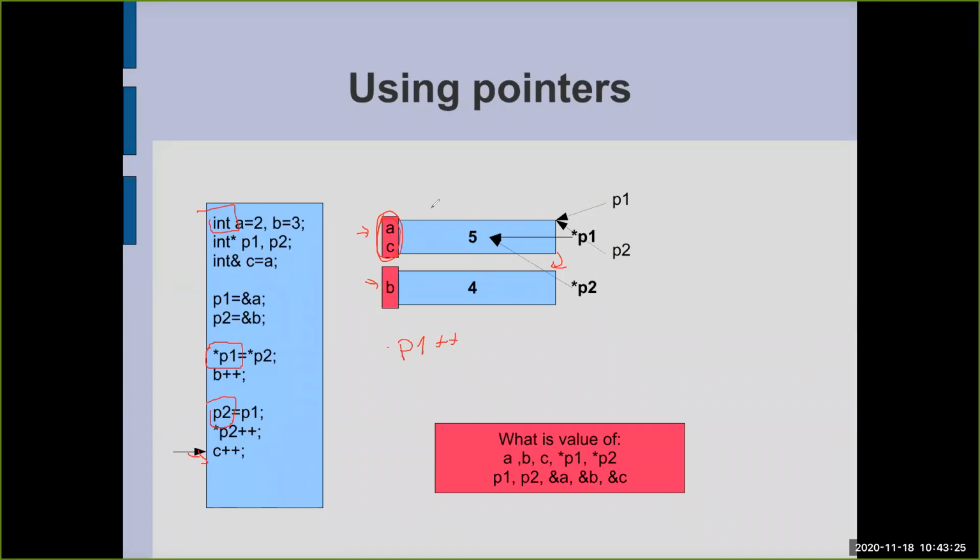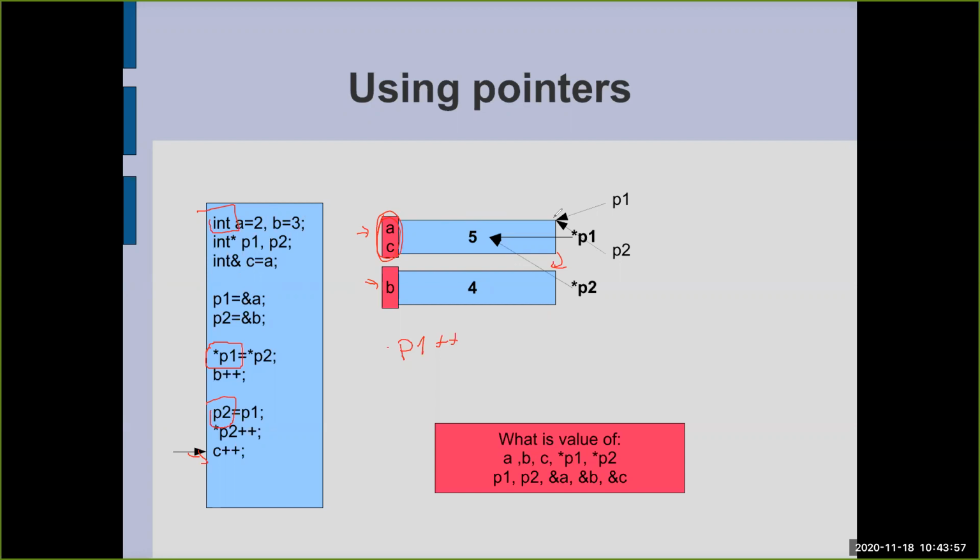Okay, so for those who don't catch this issue, I suggest you to follow these examples and try to write on a piece of paper. So try to rewrite it on your own. Having an application like this, you should analyze which variables share the same area of memory.